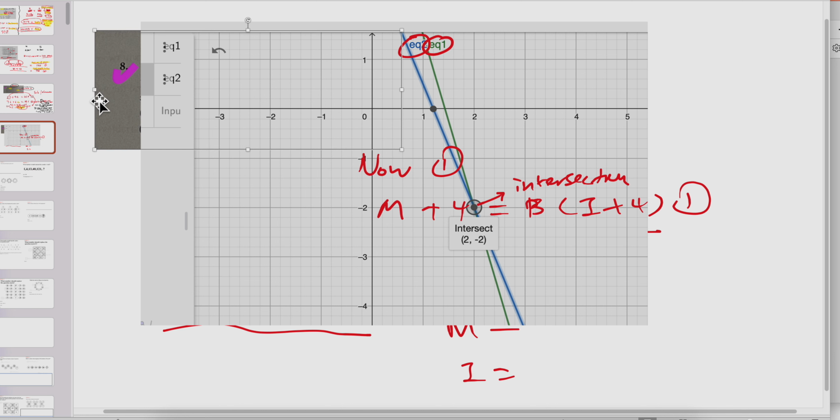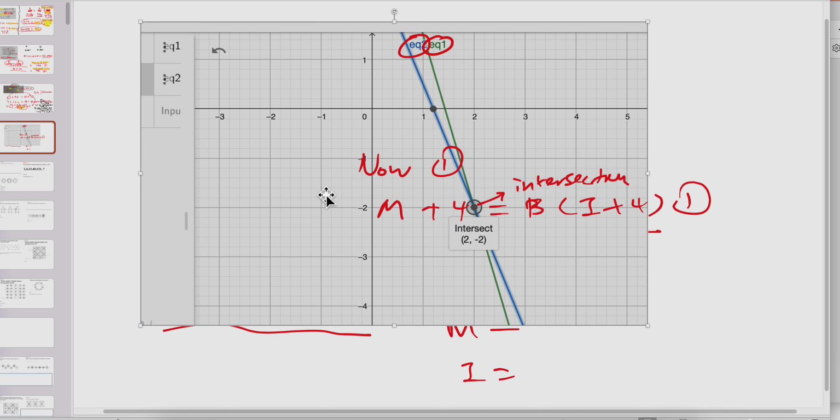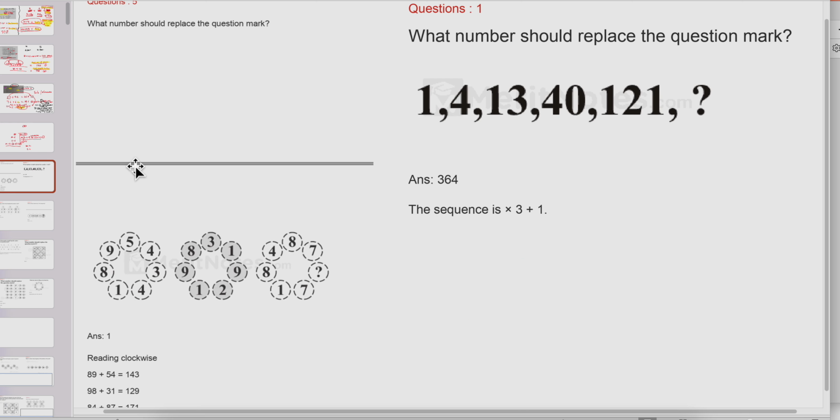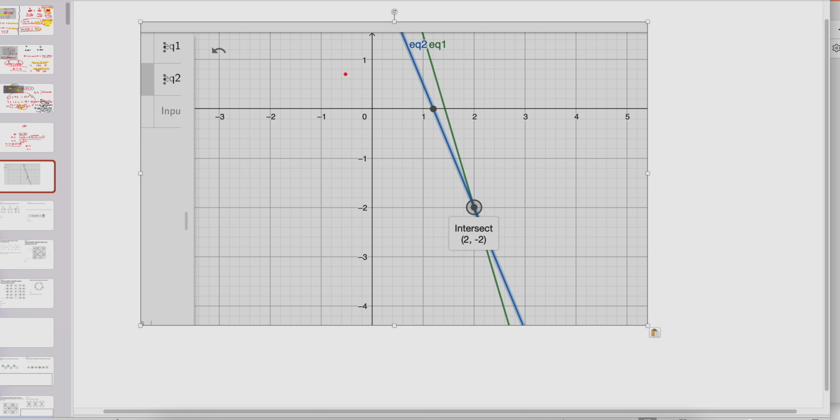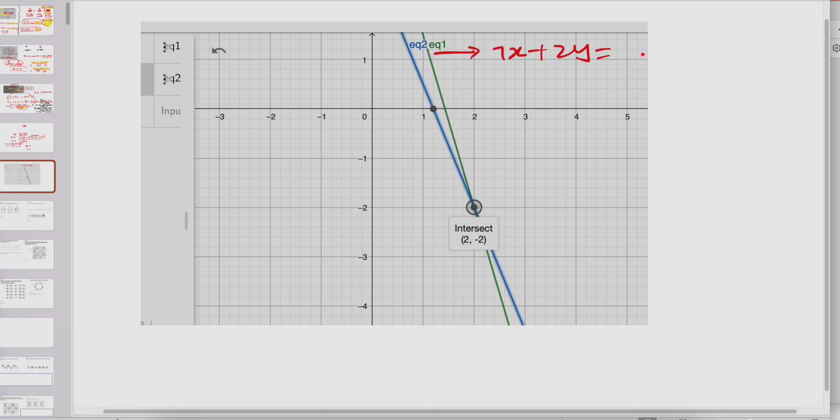Okay, can you tell me the equation 1 equation? 7x plus 2y equals 10. The second equation? 5x plus 2y equals 6.